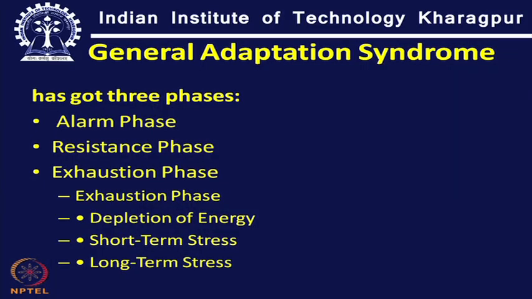We will next discuss the general adaptation syndrome, which has 3 phases. This is how stress actually occurs. To become stressful, it is not generally formed in one step. It has 3 steps. First is the alarm phase.